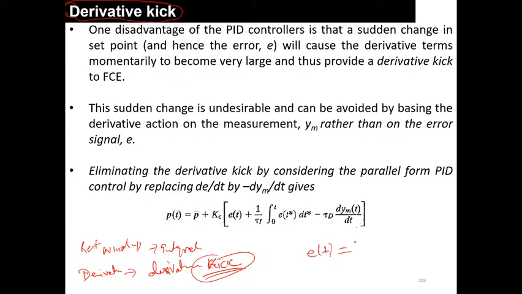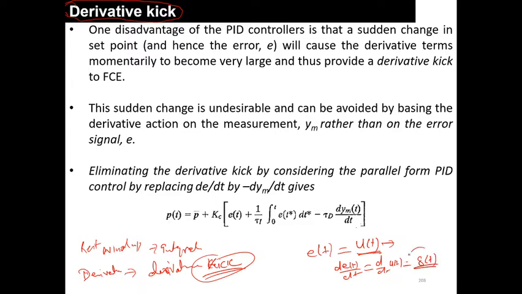When we provide an error equal to a step change inside the derivative controller, it will respond to a sudden shock, because the expression for the derivative controller is de/dt, and the differentiation of the unit step signal provides a sudden shock.